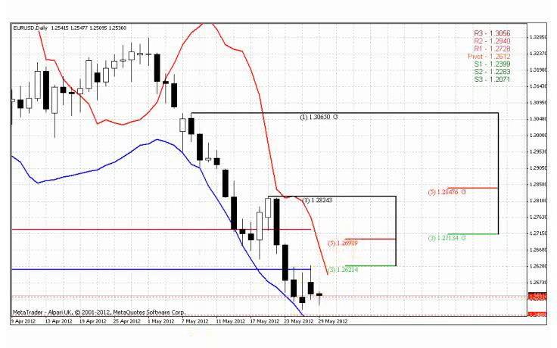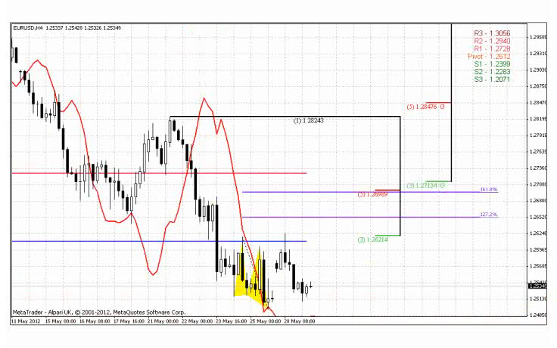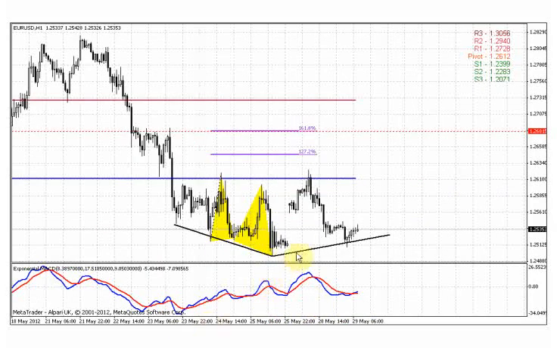So currently I do not see any significant patterns on the market that we could trade. It's just some consolidation around the support area that we have discussed. So it's probably better to wait a bit. If you would like to enter short, I suppose we should wait for some continuation to the upside to our major resistance area around 127, or a breakout of the previous low with the market holding below it.